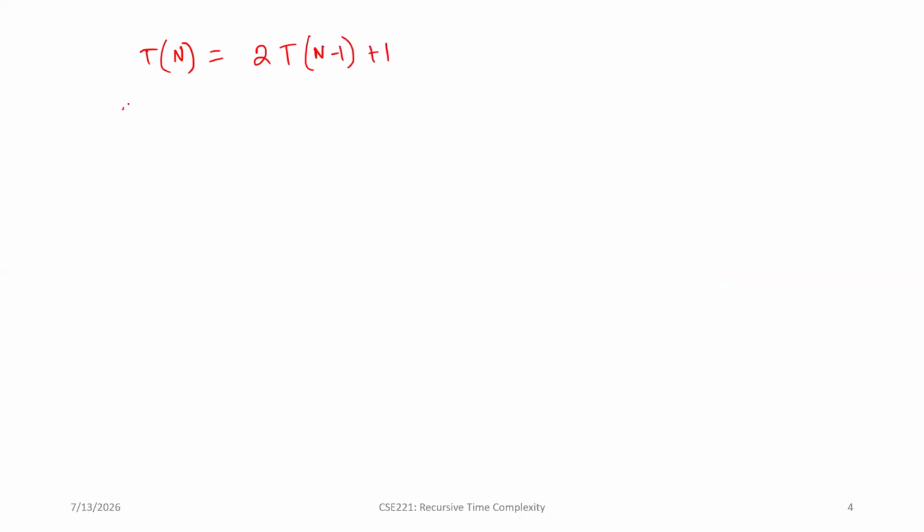And then we went on to find the value of twice T of n minus 1, which gives T of n minus 2 plus 1 multiplied by 2, meaning twice T of n minus 2, and then 2 squared.